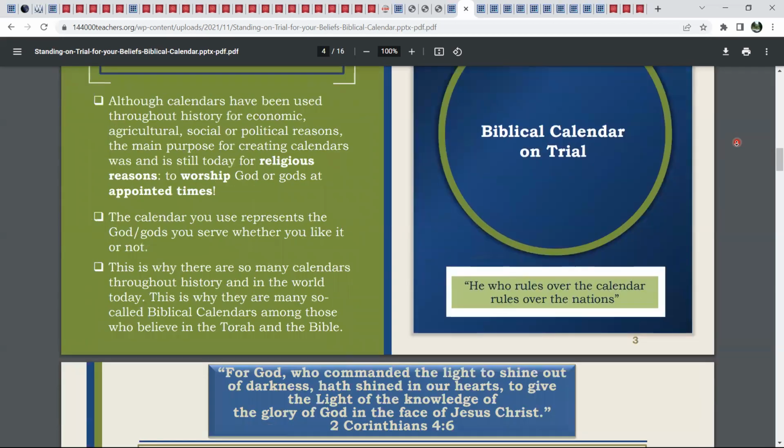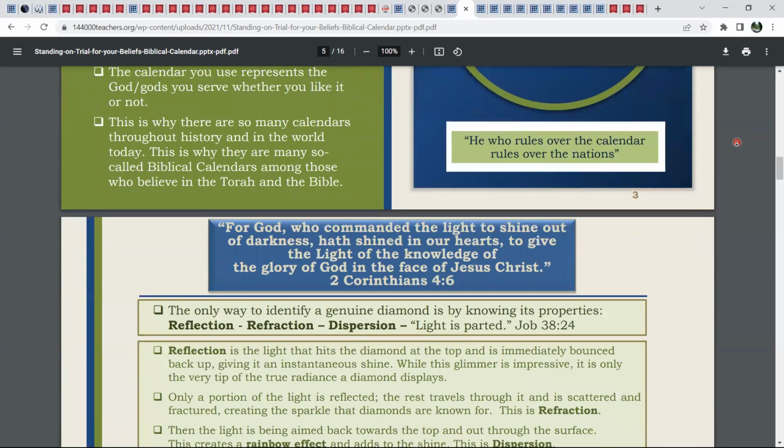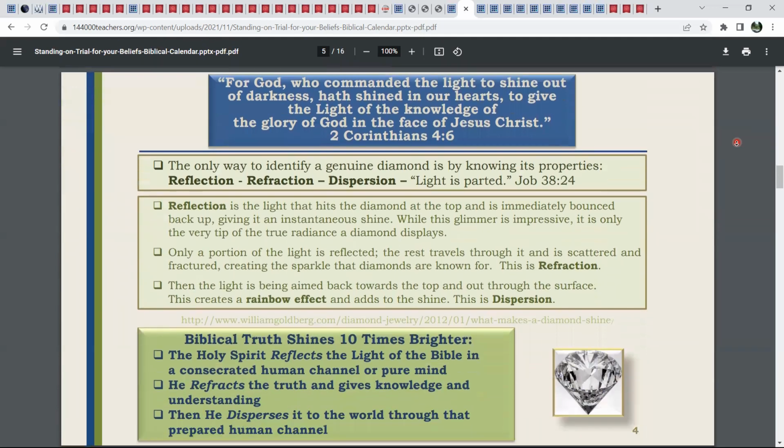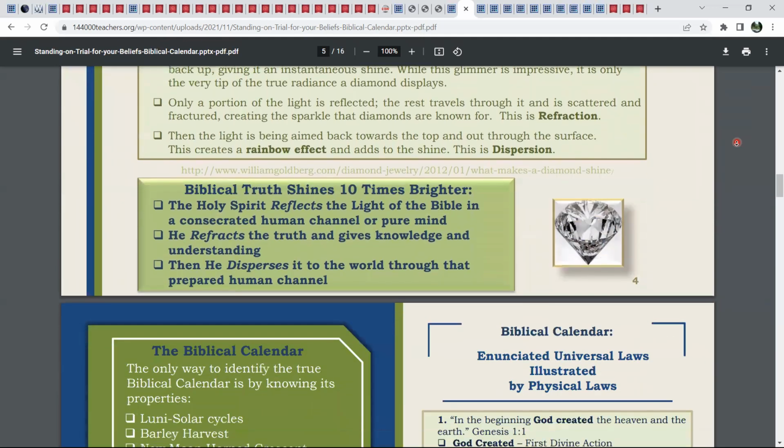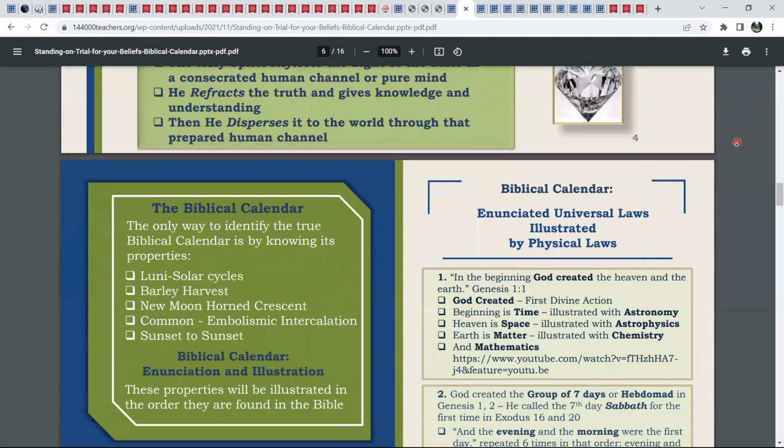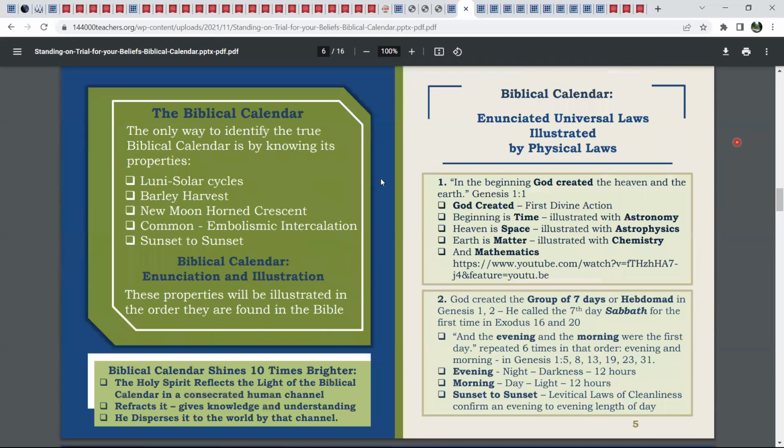Maybe not everyone, but many will be asked to give an answer for their faith, and you might lose your faith in the biblical calendar if you are not grounded in it. The biblical calendar that we present is luni-solar cycles based, barley harvest, new moon on crescent, with a common or embolismic intercalation, and sunset to sunset.